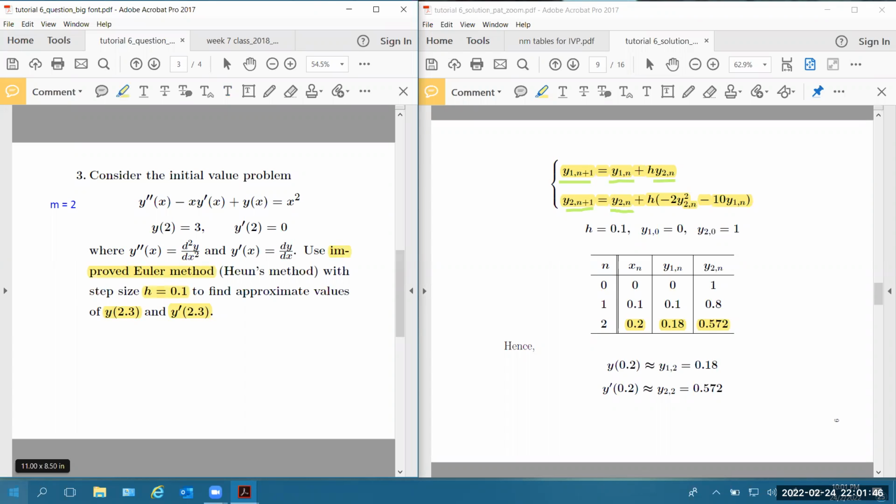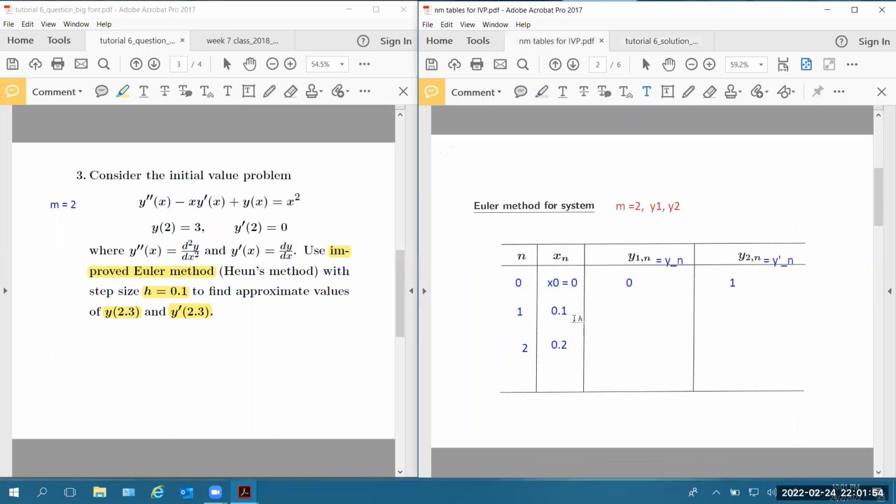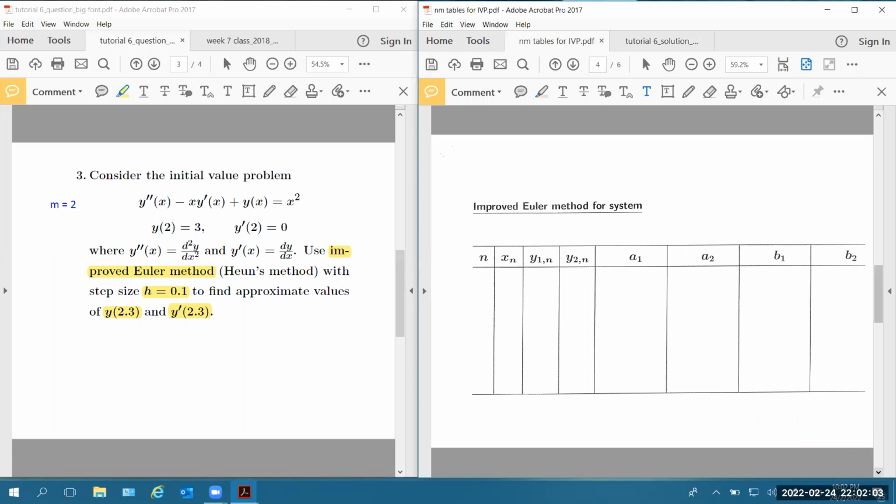Can someone tell me what is the initial x here? Just now our initial x is 0. How about in this question, what is the initial x there? Our initial x here is 2.